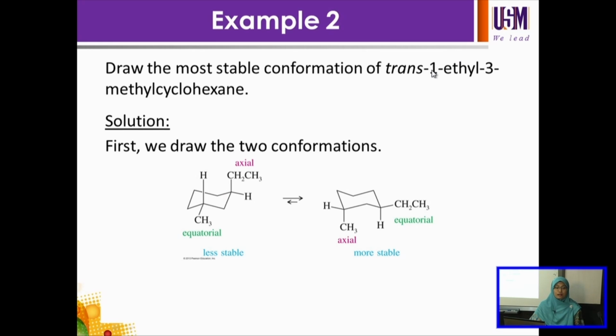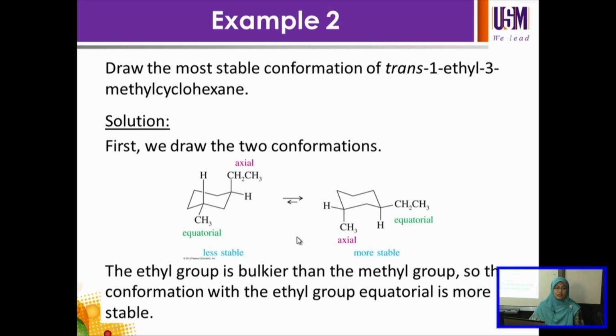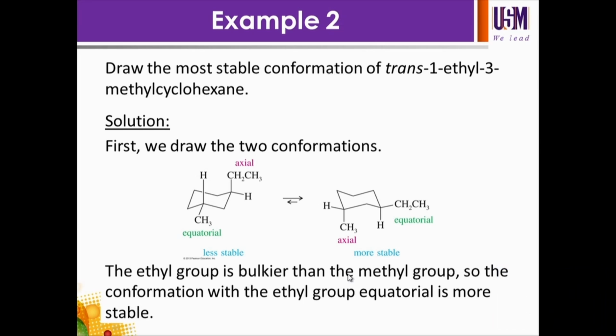Here it says carbon 1 has the ethyl group, so you have to place the ethyl group at carbon number 1 and the methyl group at carbon number 3. So one is at axial position and one is at equatorial position. The ethyl group is bulkier than the methyl group, so the conformation with the ethyl group in equatorial position is more stable here. It's less crowded here.